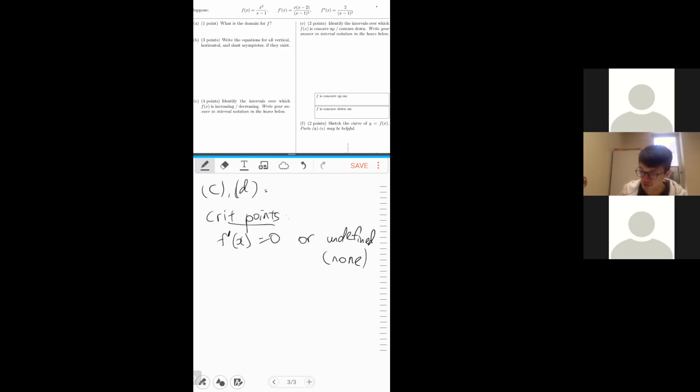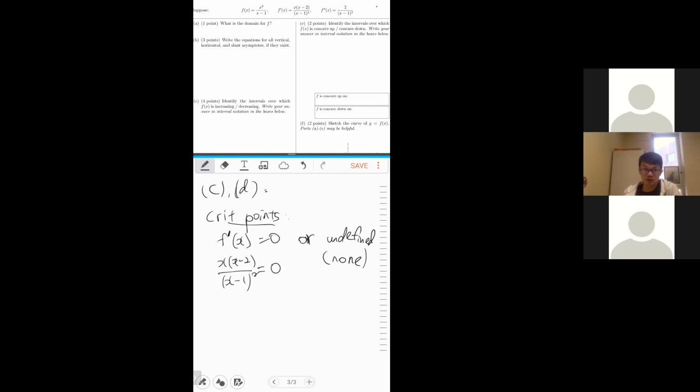So I only need to look at the first derivative equals 0. So x times x minus 2 divided by x minus 1 squared equals 0.